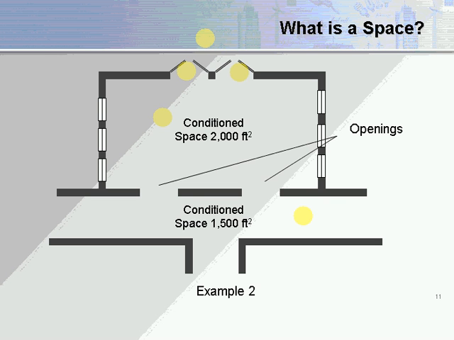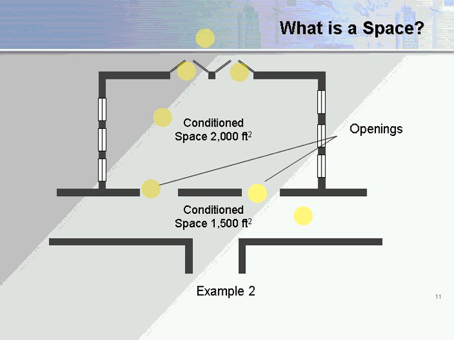Now, this could be a hallway in an office area that empties out there with no closable doors here or here. This could be another office suite or something like that, but basically this conditioned area of 1,500 square feet communicates with the conditioned space of 2,000 square feet. So the question is, do we add the square footage up for the 2,000 square feet and the 1,500 square feet to determine our 3,000 square foot total on this one and our trigger point? Again, the code is a little bit unclear on this. It doesn't tell us what to do.